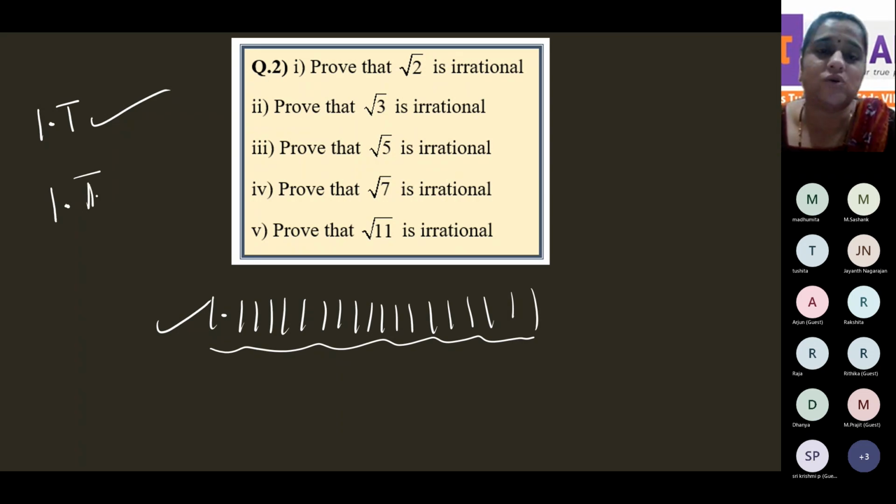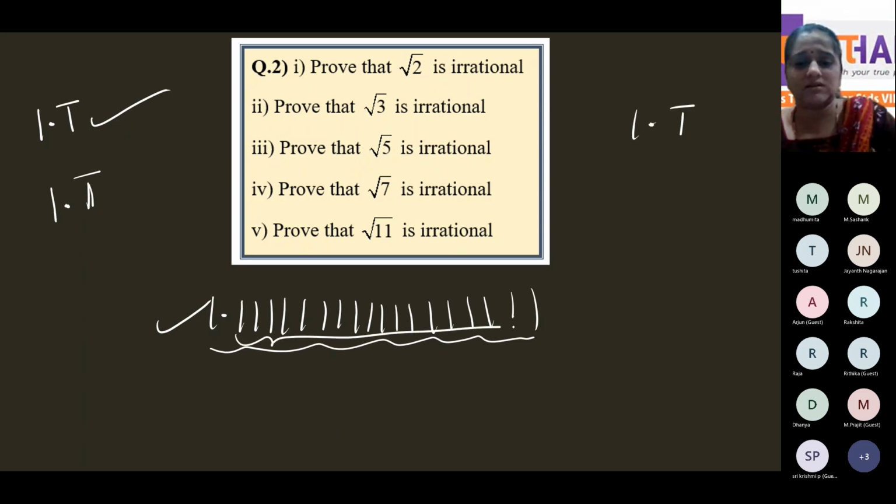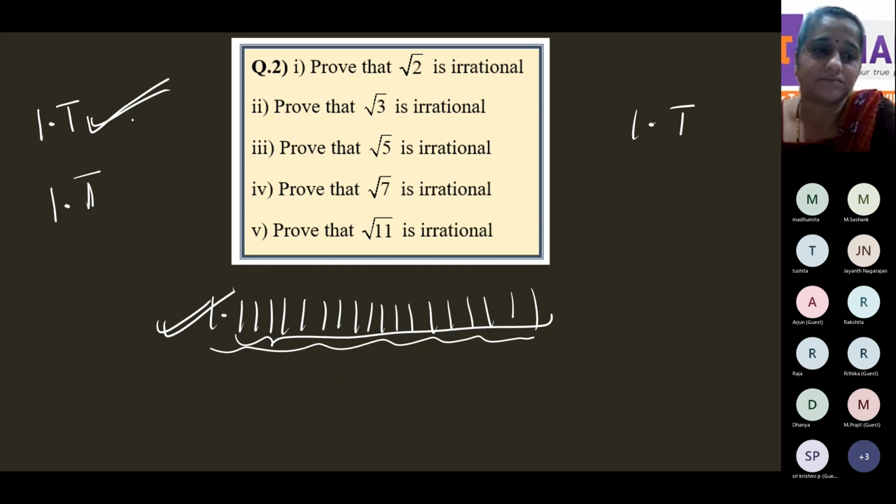One recurs, one goes on and on infinitely. 1.1 recurring means the digit 1 after the decimal point goes on and on. It doesn't end. That is 1.1 bar. Here, the 1 stops. So this is terminating, and this one is non-terminating repeating.